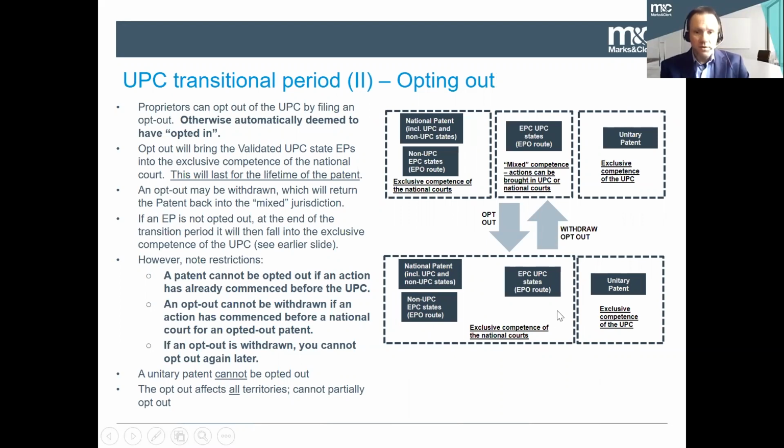So if you wanted to avoid this mixed jurisdiction that we've just seen on the other slide and go back to the sole jurisdiction of the national patent courts, also over your national validation of a European patent in UPC member states, you'd have to opt your national validations out of the UPC system.